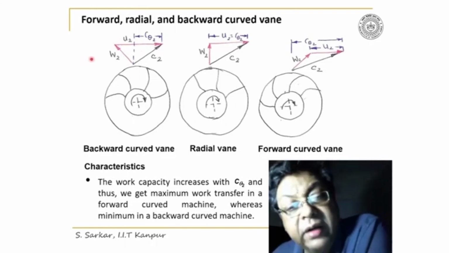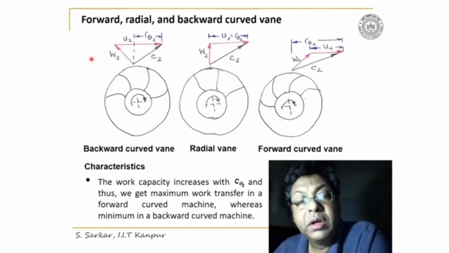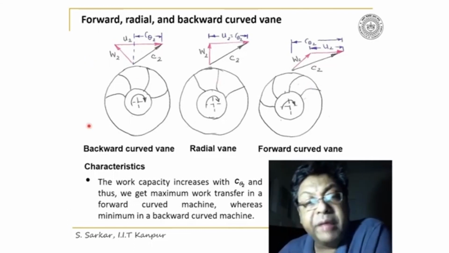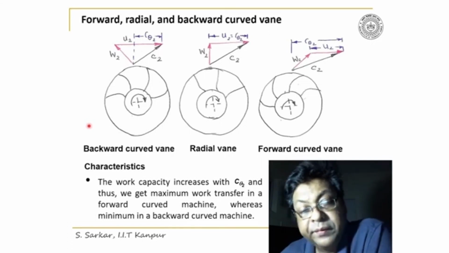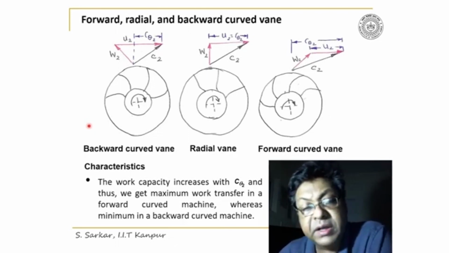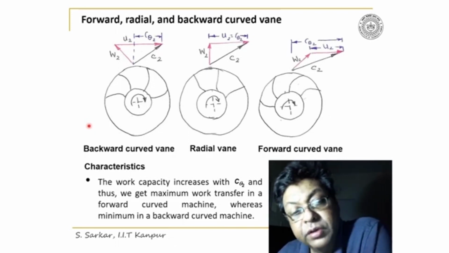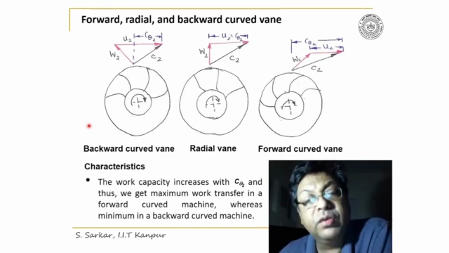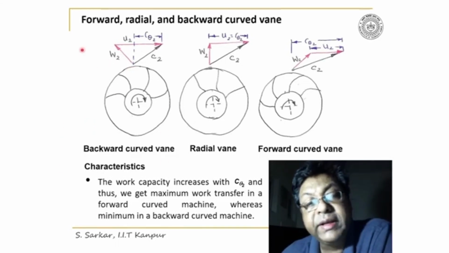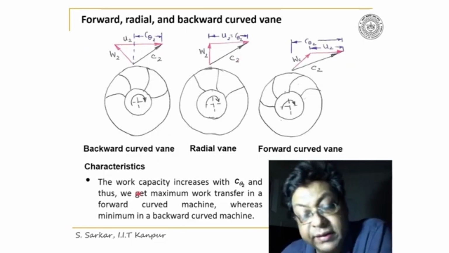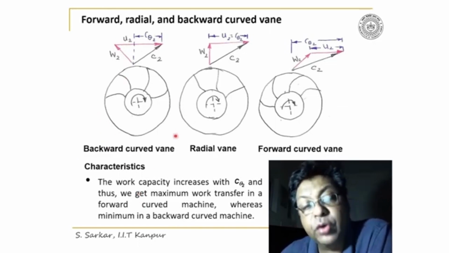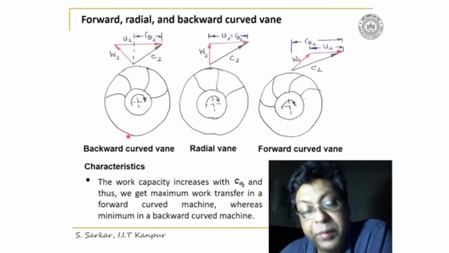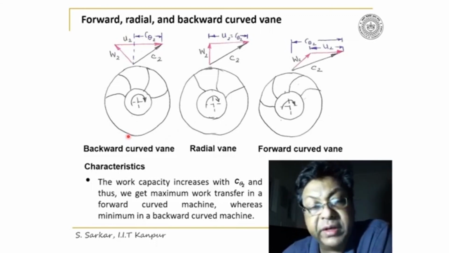Now again, look here. Consider three impellers having the same outer diameter and rotating at the same speed, and otherwise other parameters are the same. So the value of the exit relative velocity is the same in all the cases, and u2 is the same, being rotated with the same omega and having the same diameter.